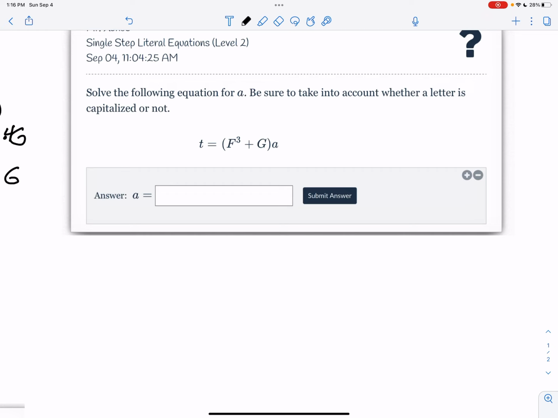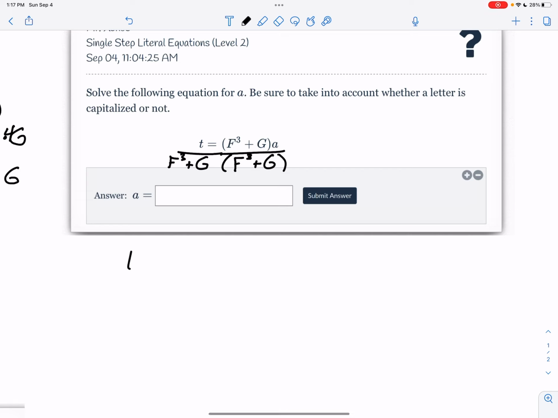Let's just say you plug in f and you plug in g, and you know what those numbers are. Once you plug them in and you do all the operations inside of these parentheses, you will just get a single number times a. So if I divide both sides by f cubed plus g, you don't have to put parentheses on it right now. They're not doing anything special, but you can if you want.